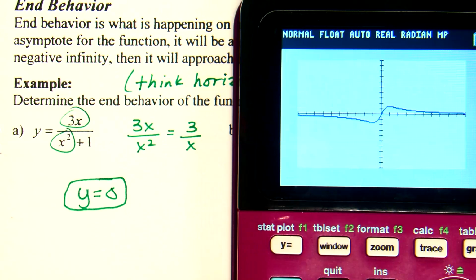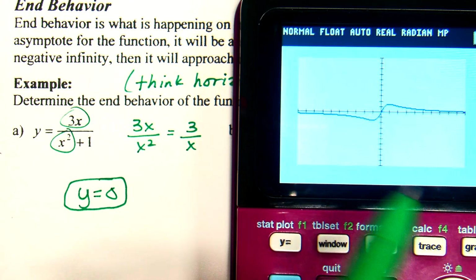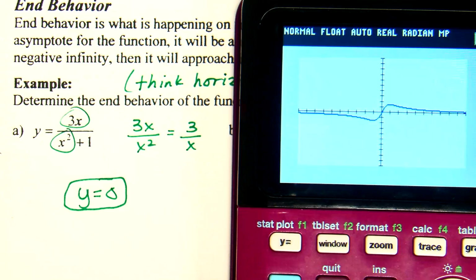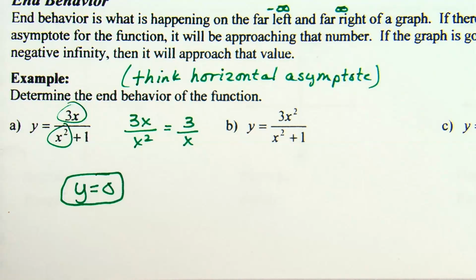Okay, look at B. Y equals 3x squared over x squared plus 1. Thoughts on this one? My biggest powers are both x squared, aren't they?